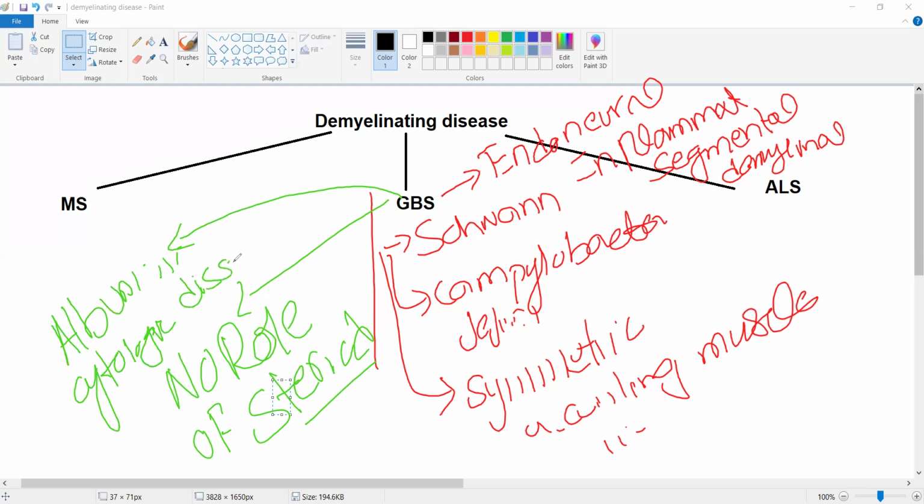Okay, so what about the tendon reflexes? In this case, the reflexes are depressed or decreased because the peripheral nerves are damaged, right?